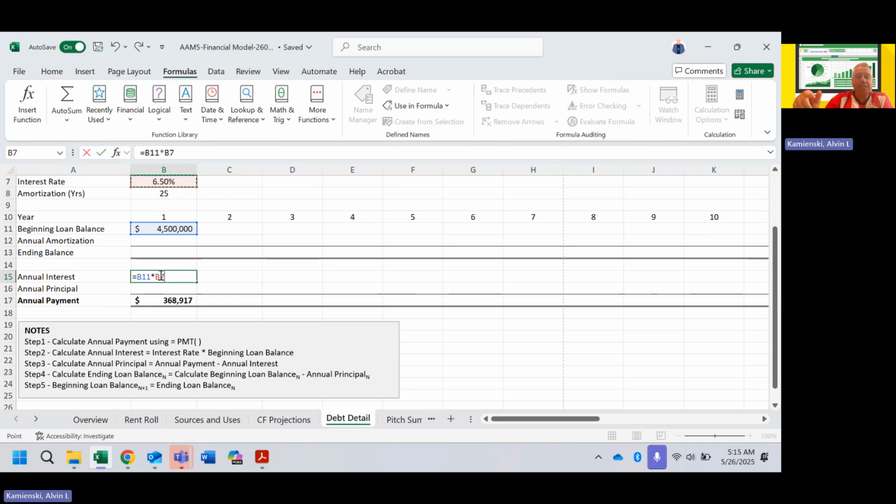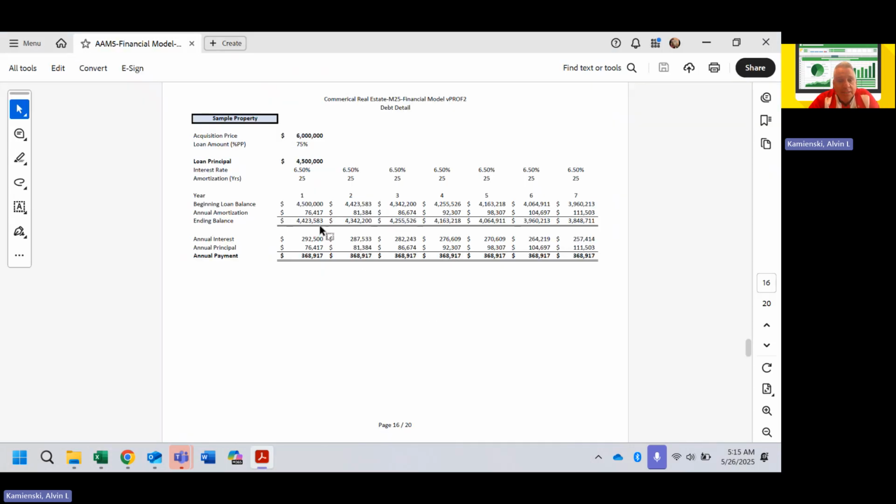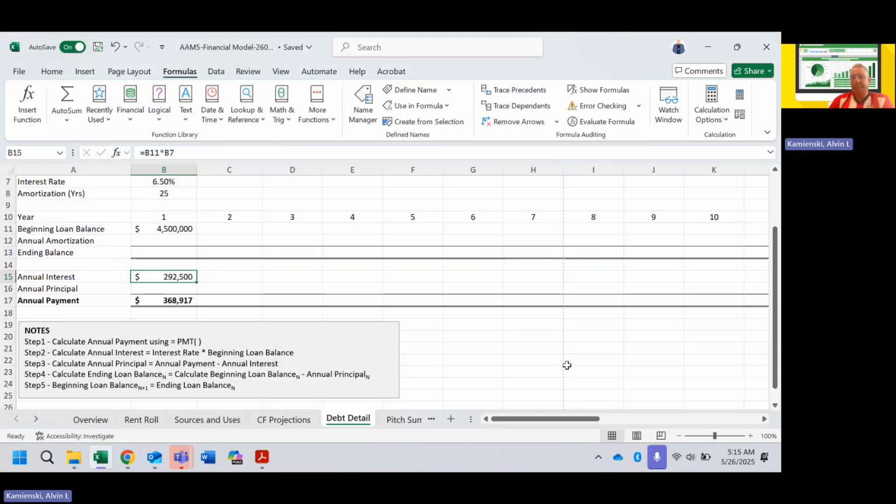So the amount of interest that we pay in year 1 is $292,500. Cross check. Does that work? Yep. Which then means the amount of debt you pay down is equal to the payment minus the interest.